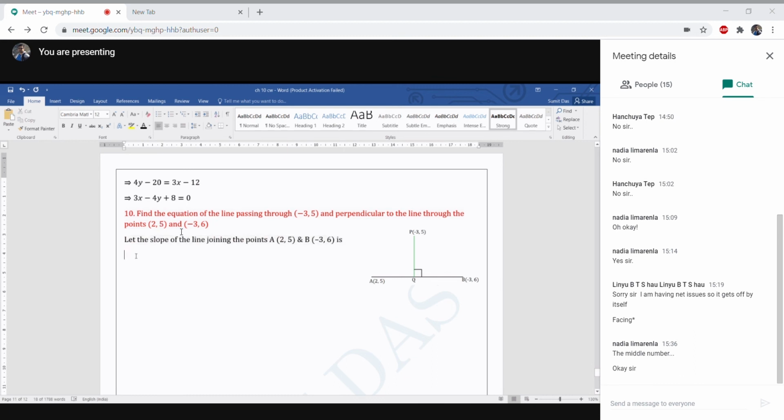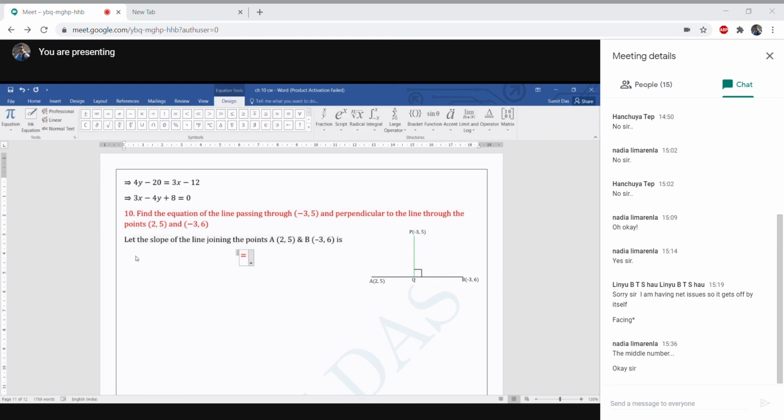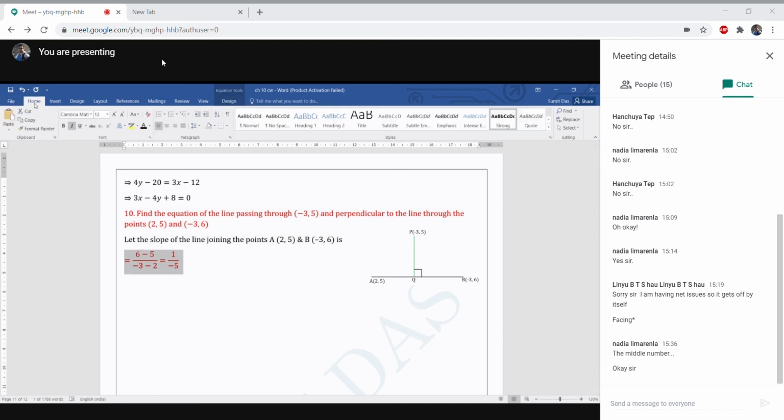Slope formula is y2 minus y1 divided by x2 minus x1. So y2 is 6 minus y1 5, then x2 minus 3 minus 2. If you simplify this, it will be 1 divided by minus 5. Okay, so what we got is the slope of AB.